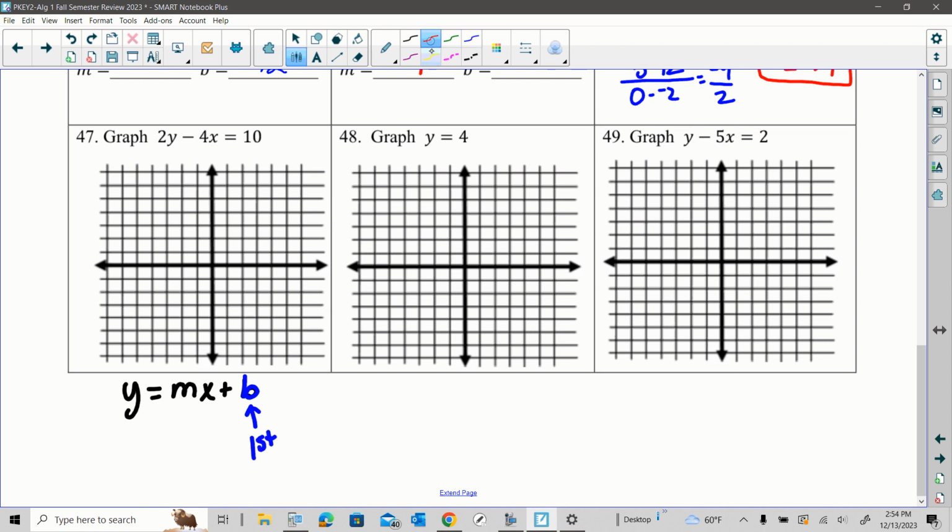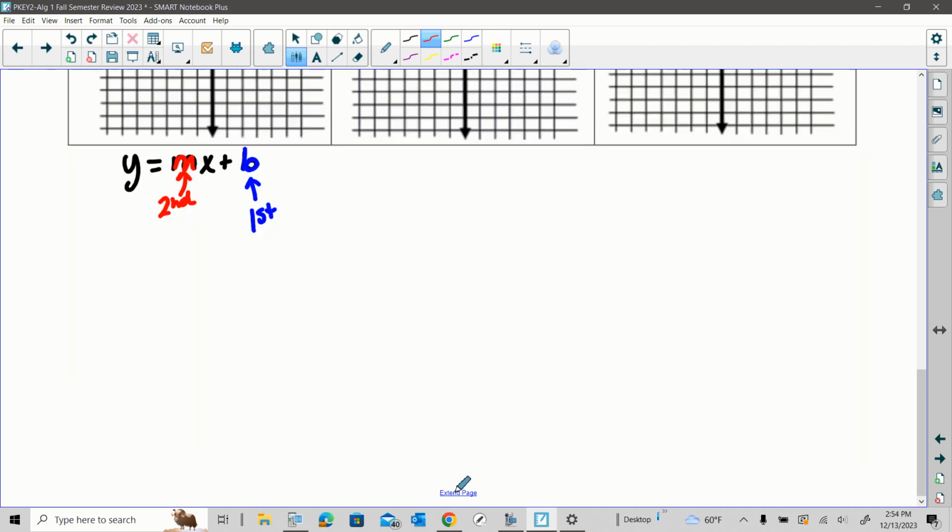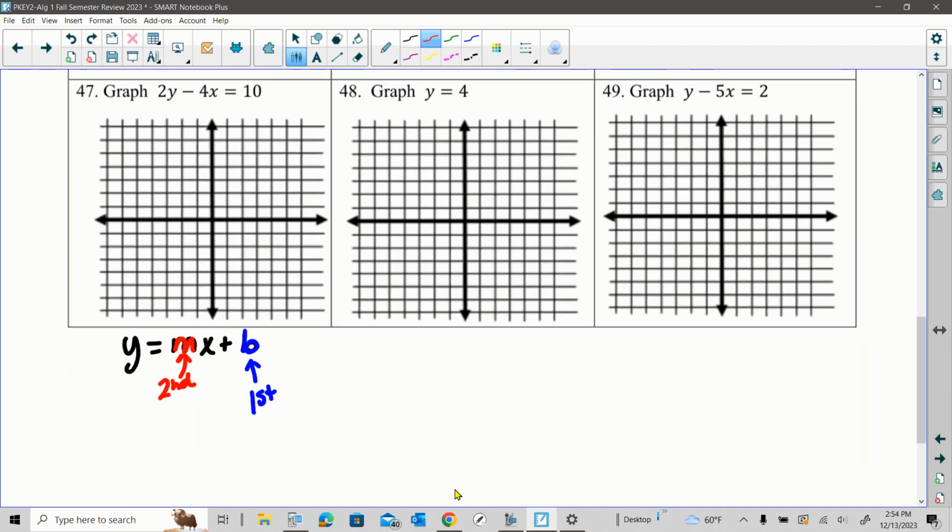And then second, we're going to use the slope, which means whenever I'm using the slope on the graph, I'm counting the rise over run.